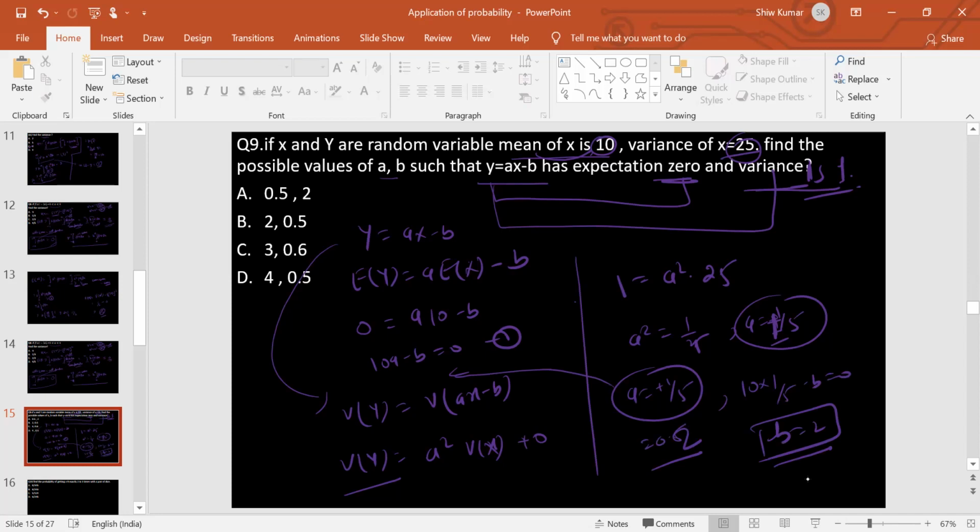Find the value of a and b. 1 by 5 is 0.2, so it should be 0.2 and 2, not 0.5. None of the options is matching. The answer here should be 0.2 and 2. So this is the way we can solve the variance and expectation of a linear equation.